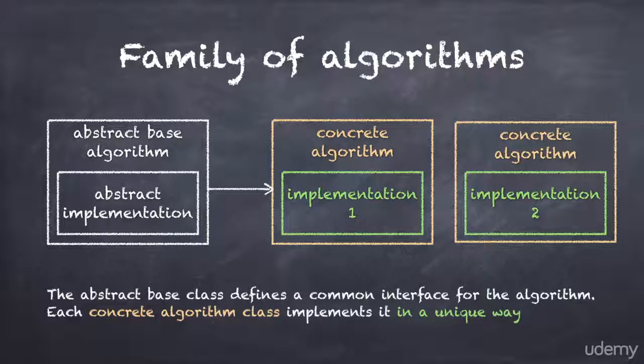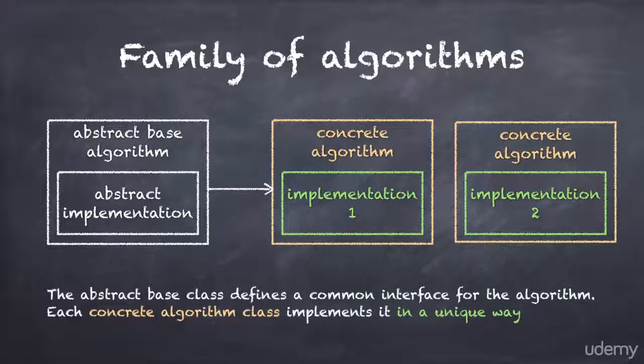It defines an abstract strategy base class that implements a common interface for the algorithm. Each derived concrete strategy class inherits the interface and implements it in a unique way.